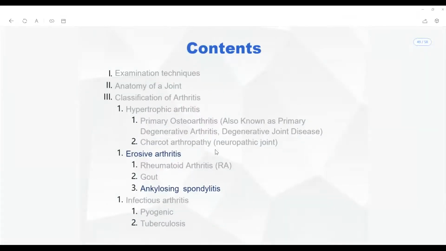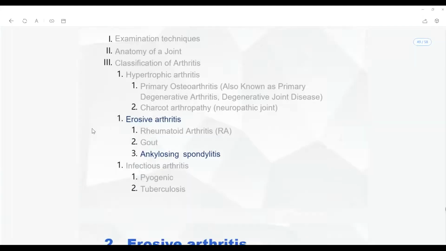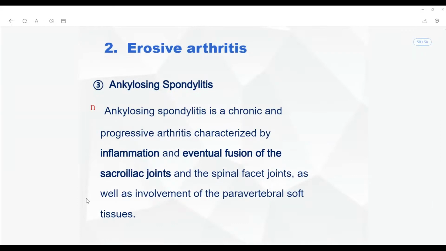And now here is a very, very interesting disease. I think I told you last time also to learn about this one. This condition is a very important condition, called ankylosing spondylitis.